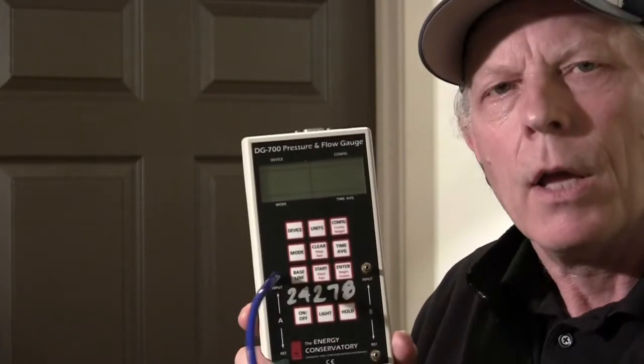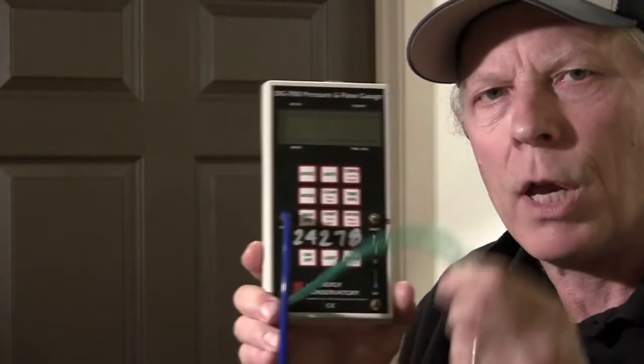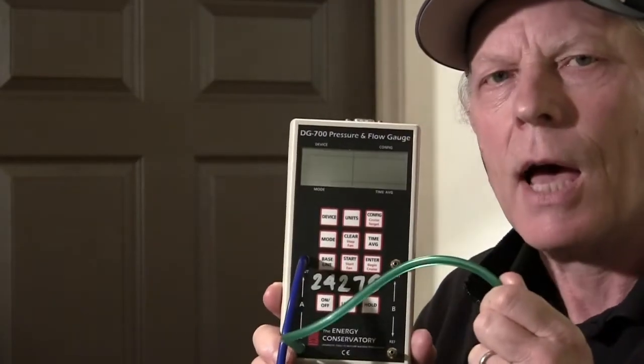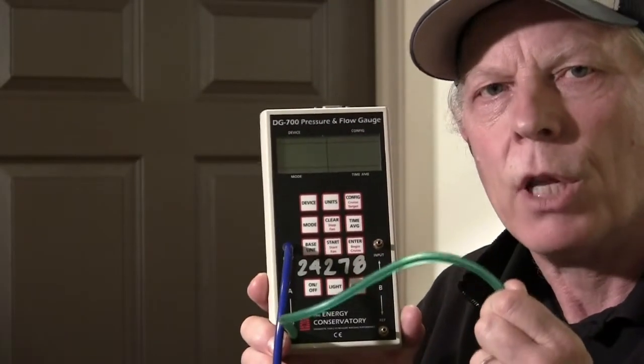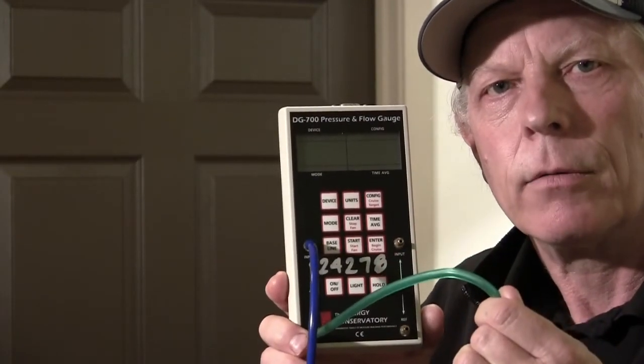The combustion appliance zone is behind that closed door right there, the brown door. So I have a blue hose that goes into the combustion appliance zone and comes to my manometer, and then I have a green hose that goes to outside. So I will be able to read the pressure of the combustion appliance zone with reference to outside.